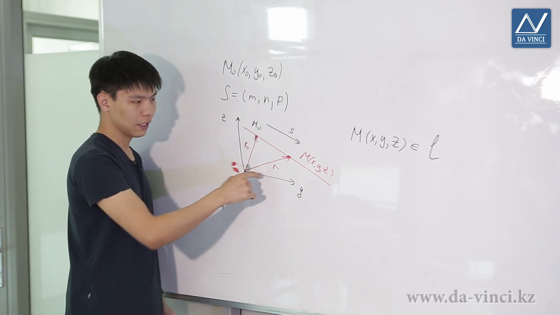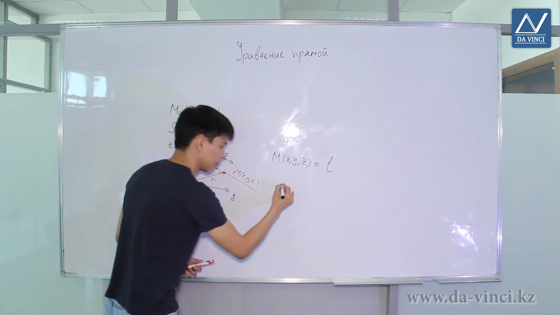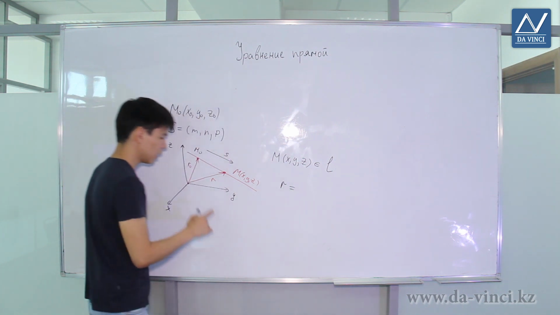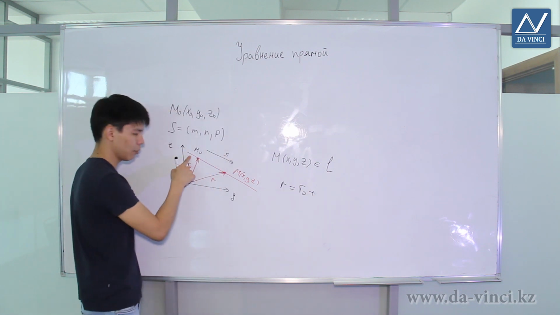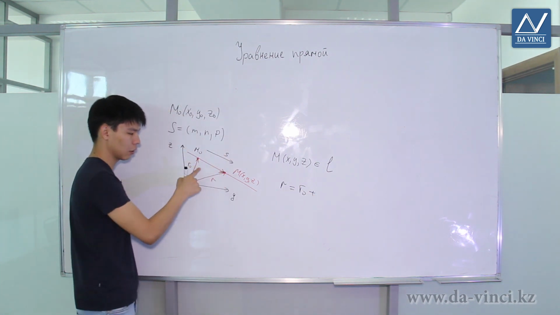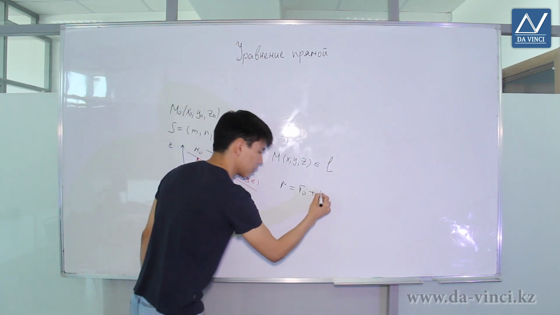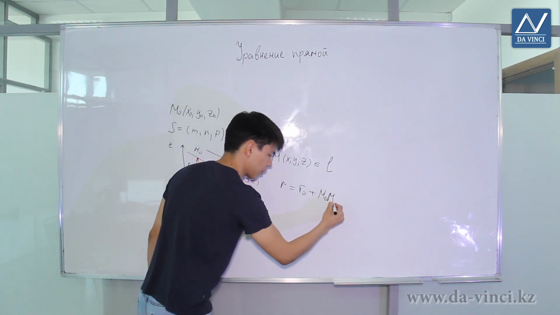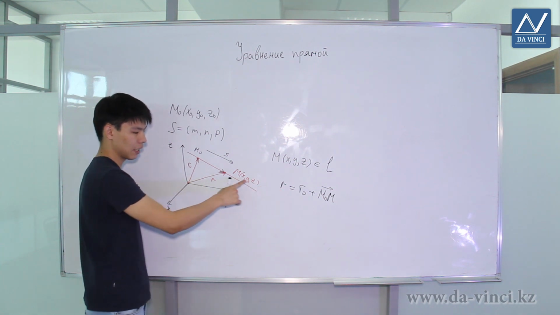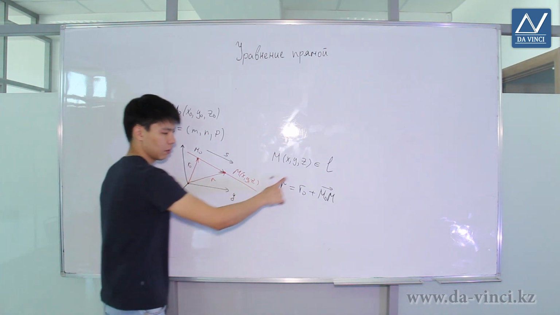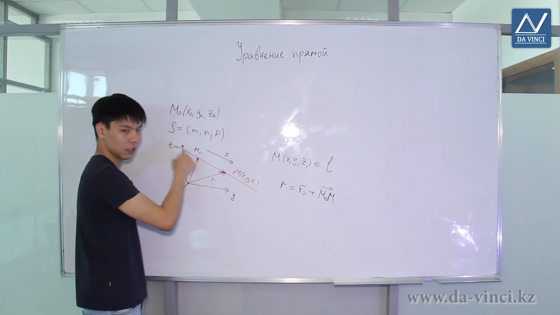Now we express the vector R. Obviously, the vector R is equal to the vector R0 plus vector M0M by the triangle rule of vector addition. Here the vector R shows the xyz coordinates, so this equation shows all the points that lie on this line.